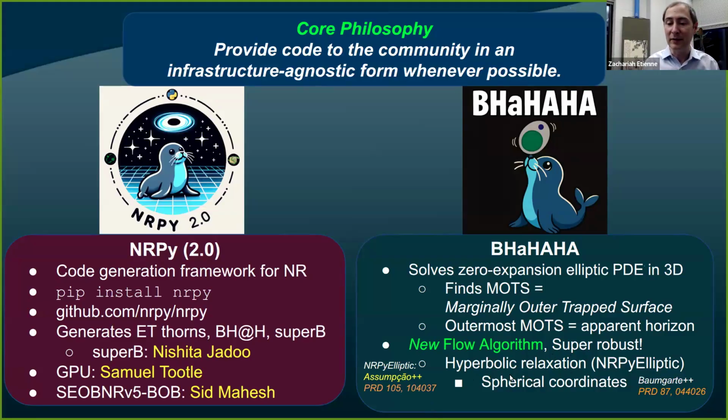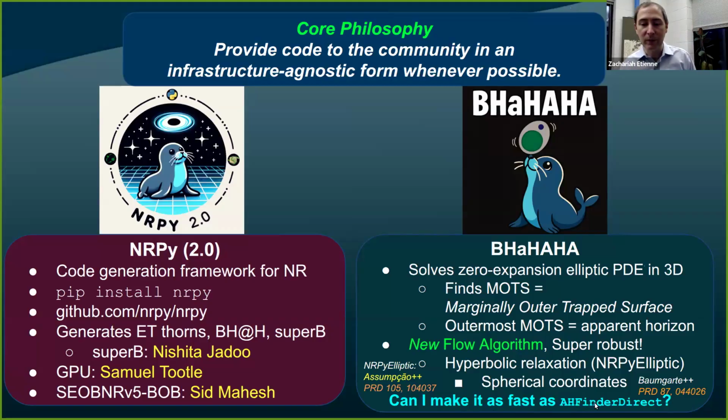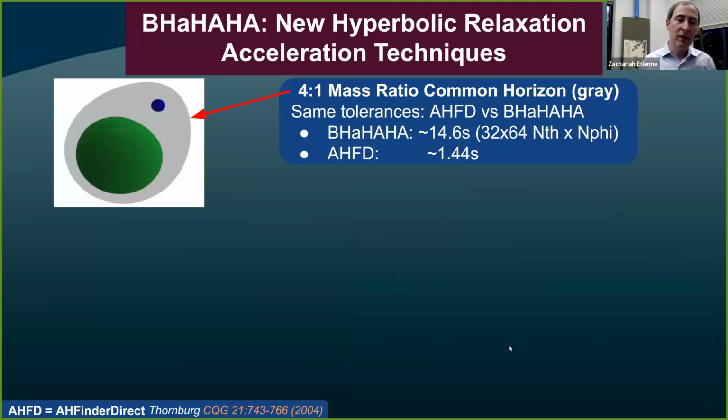However, these hyperbolic relaxation techniques are notorious for being slow, taking lots and lots of iterations to relax an initial guess to the surface. So what I challenged myself with was the following: can I make it as fast as HorizonFinderDirect? So here we have a 4-to-1 mass ratio common horizon.